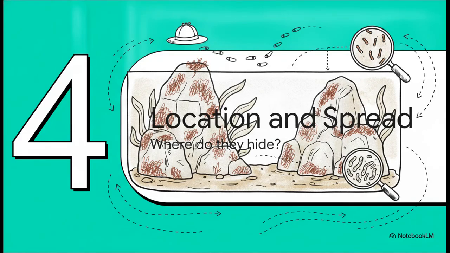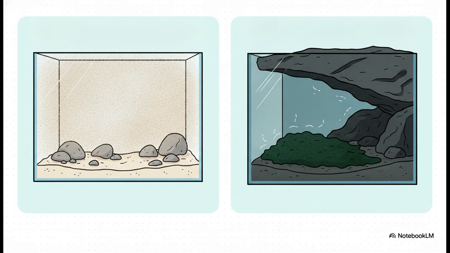Moving to Section 4, location and spread patterns. Where do they hide? Tracing exactly where the suspect sets up camp and how it spreads across your aquascape tells us a massive amount about its true identity. Let's do some quick habitat profiling. Diatoms are famously found in young aquariums, forming an even, sunbathing coating everywhere, on the sand, the glass, the rock, basically wherever light hits and silicates are high.